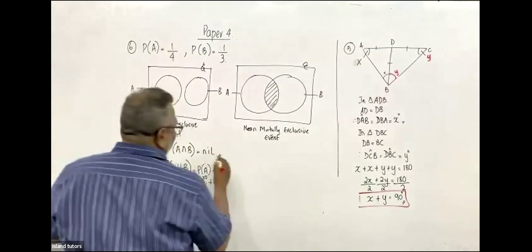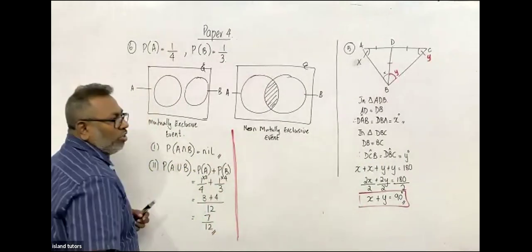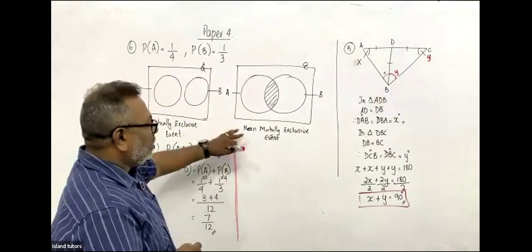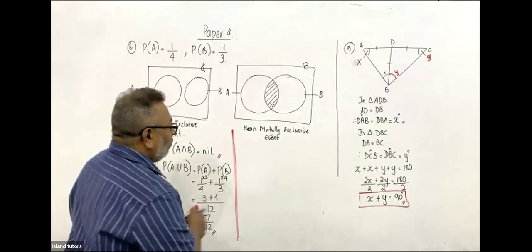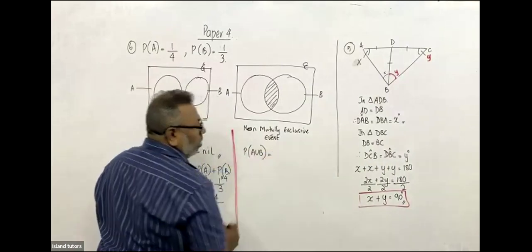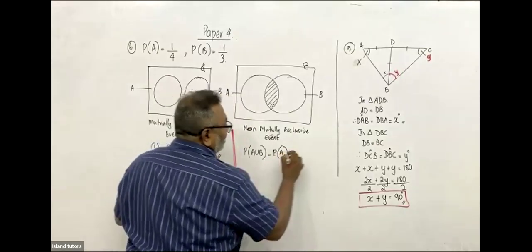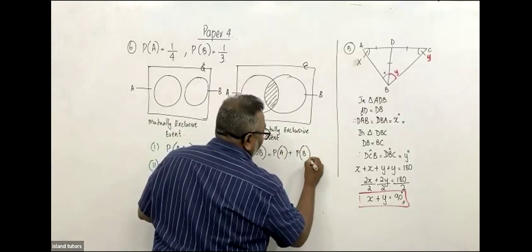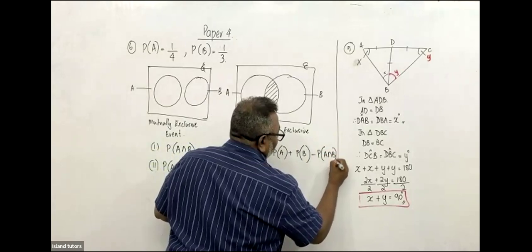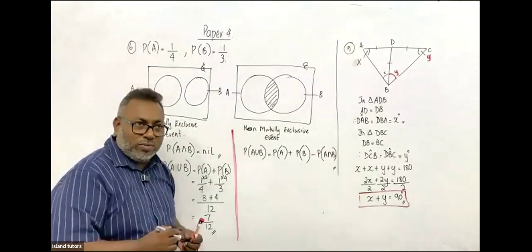Just to do a revision, how do you find the probability of A union B for a non-mutually exclusive event? Probability of A union B is equal to probability of A plus probability of B minus probability of A intersection B. This is for a non-mutually exclusive event.